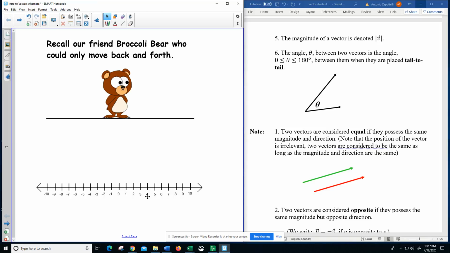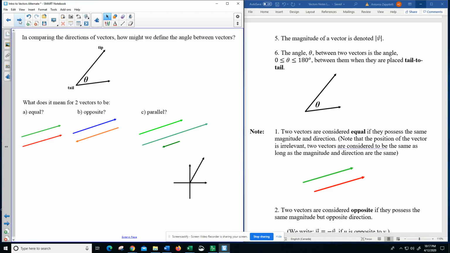If I'm at position 4 or position -4 and I'm just interested in the distance away, I could use absolute value to represent the distance from the origin. So not surprisingly, they chose the same symbol to represent magnitude. If you see a vector inside, these two bars represent magnitude. If you see a number inside, it represents absolute value.